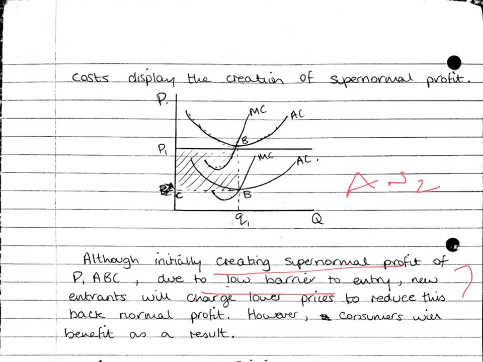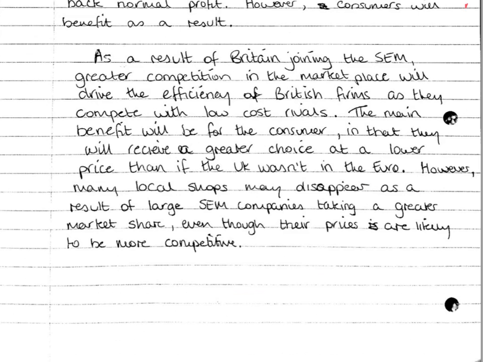I'd have to question mark that analysis. If you read through it, supernormal profit due to low barriers to entry, new entrants will charge lower prices, reduce back to normal profit. There's just a question mark there.